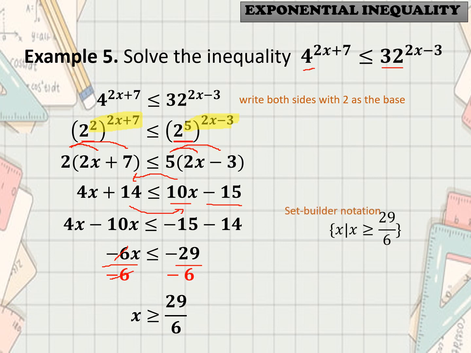Okay, so in set builder notation, the set of all x's such that x is greater than or equal to 29 over 6. Then sa interval notation naman, from positive 29 over 6 to positive infinity. So, naka-bracket si 29 over 6 since ang ating inequality sign is merong greater than or equal. May equal sign siya, so kaya siya naka-bracket.